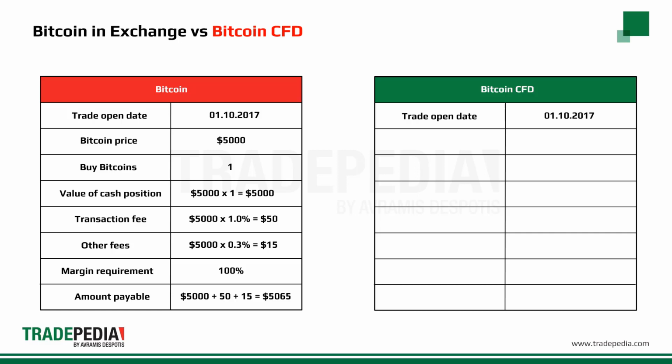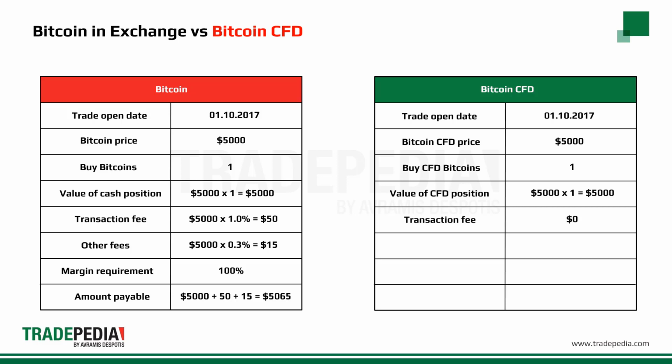Now let's look at what happens when we trade the Bitcoin CFD. We also bought on the 1st of October 1 Bitcoin CFD at $5,000. The value of our position equals again 1 times 5,000 equal $5,000, same as its cash equivalent. With a transaction fee of 0%, we would be charged nothing. With a 0% deposit and other fees, we would be charged nothing again. CFDs also provide leverage.